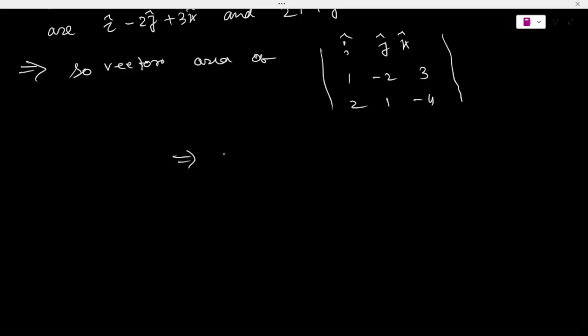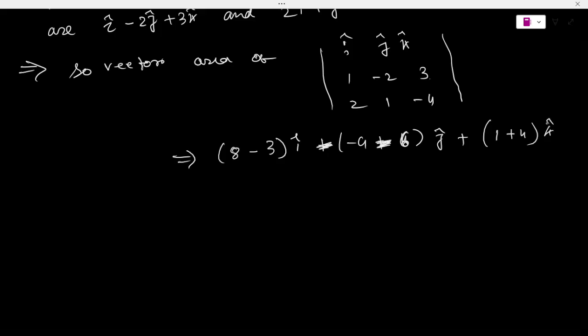So it will be i cap times (8 minus 3), plus j cap times (minus 4 plus 6, sorry, 4 plus 9 ...) minus 6 into j cap, plus k cap times (1 plus 4).